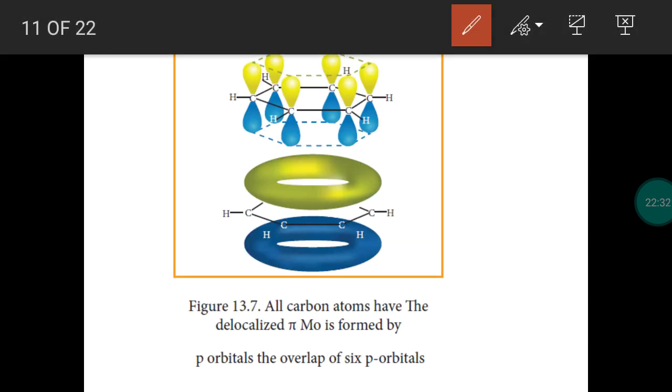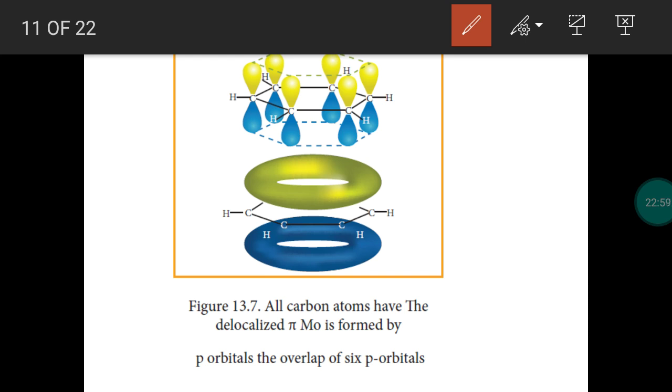Next, formation of a pi bond. So every carbon has 3 sp2 hybridized orbitals. All the 3 sp2 hybridized orbitals of carbon atoms are involved in sigma bond formation. Remaining, every carbon atom has a 2pz orbital with a single electron. It is not involved in hybridization, so it is called an unhybridized orbital.